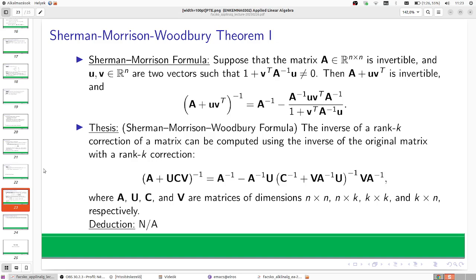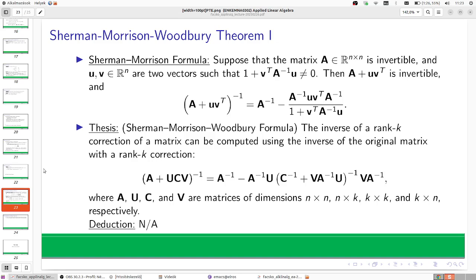From this Sherman-Morrison formula, you can deduce the Woodbury formula. This is the only place, I mean the syllabus, where it is called the Sherman-Morrison-Woodbury formula. It's usually only the Woodbury formula. If you have the inverse of this rank K correction of a matrix, then you can compute it using the inverse of the original matrix with a rank K correction. Very nice. So what does it mean?